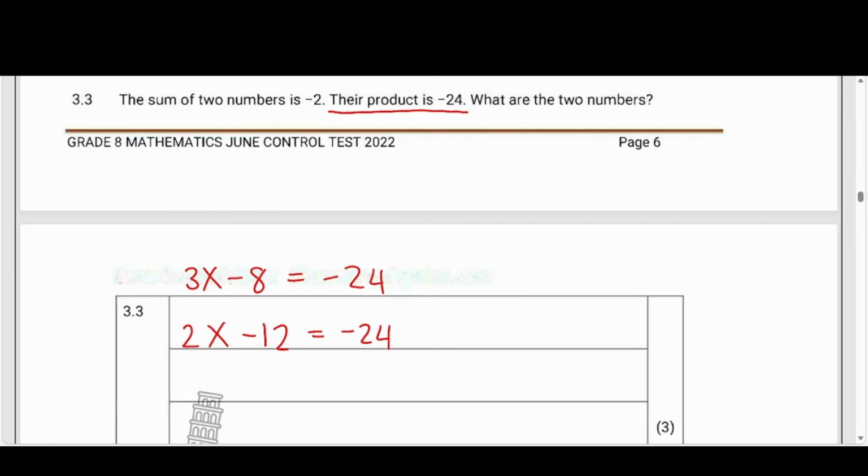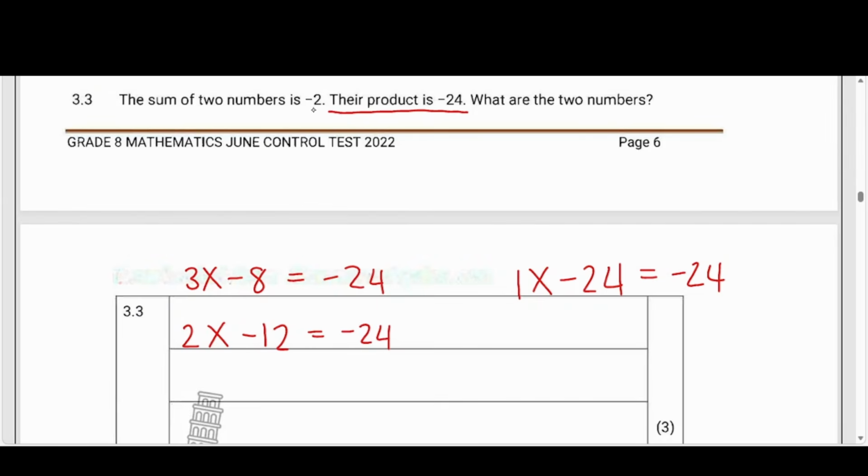What else could we do? Factors of 24, so it's 2, 3, 4, yeah, no, 4. Okay, so I think it's probably going to be these ones. We could also do 1 times negative 24 gives you negative 24. So you're just kind of playing around with these. These are all the products.